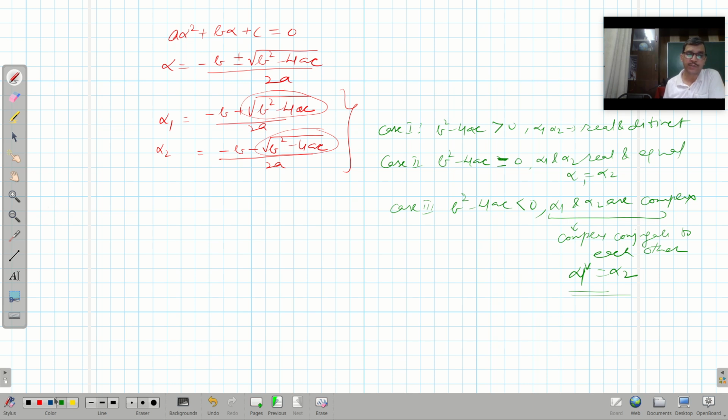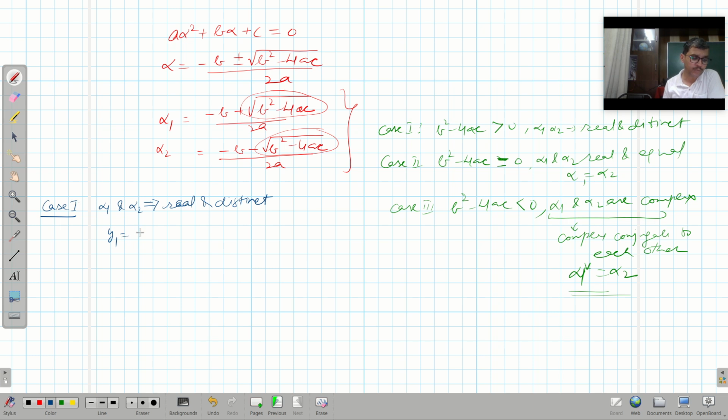Let me first of all consider case number 1, when the roots alpha 1 and alpha 2 are real and distinct. Then in that case, there are two possible solutions.